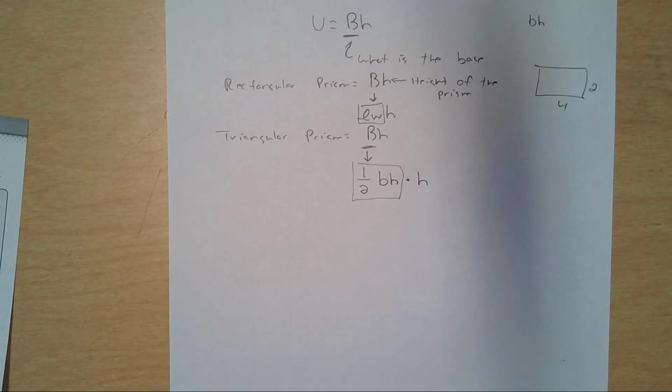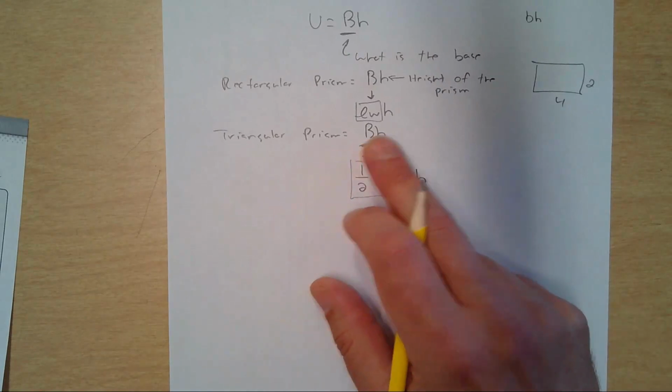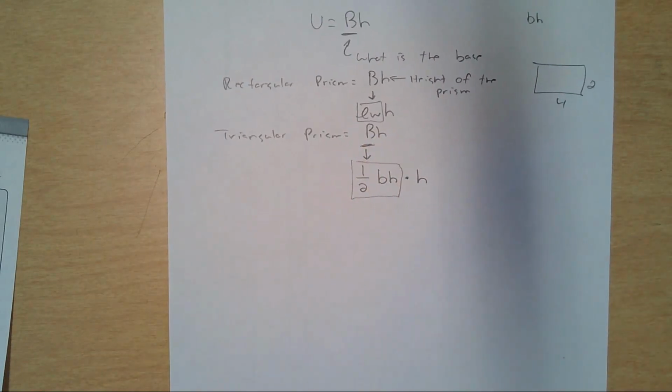So there you go, base times height once again. This time for a cylinder, the base will be a circle. Pi r squared times the height of the cylinder. And that's how you find the volume of the cylinder. So there's pretty much all of them. We'll do the cylinder again next week, but again, it's still going to be base times height. It's just a matter of what type of base it actually has.